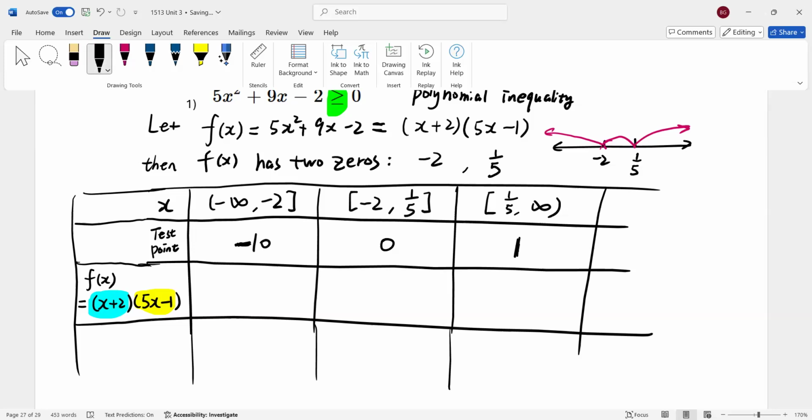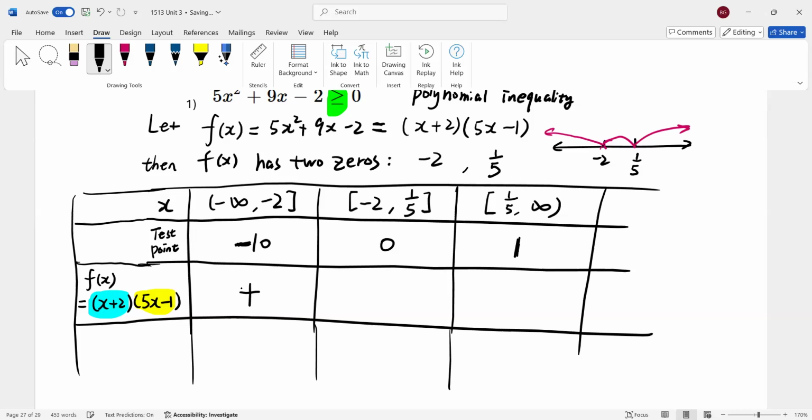Would that make the product positive? And please let me know if that's clear. Yes. Okay, very good. So it's very quick. This method is very fast because you really don't need to find the exact value of the output. You only need to be concerned with the sign of the function when you plug in the testing point.